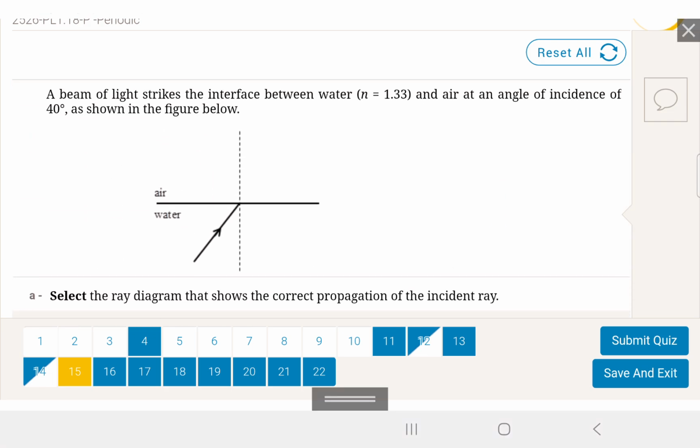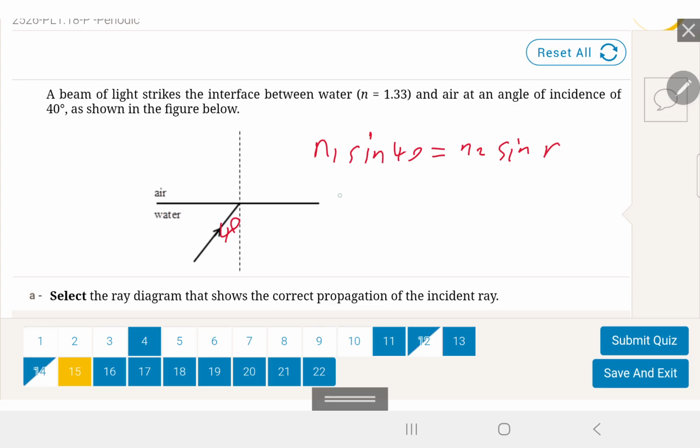By Snell's law. So this is 40. Here you have to say n1 sine 40 equals n2 sine r.